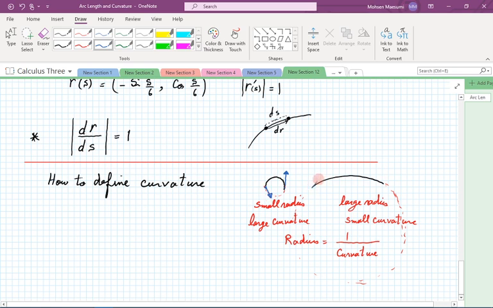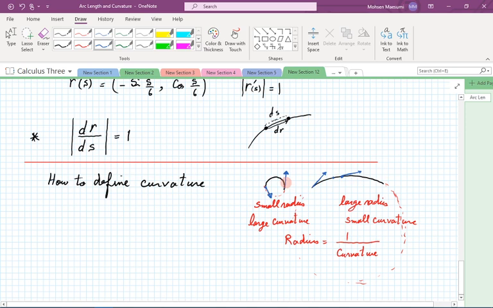Here, to compare apples to apples, I take the similar unit tangent vector, so I take this to be of length 1, and then I travel by the same distance I traveled here. So whatever this is, perhaps this much, I travel the same amount here.